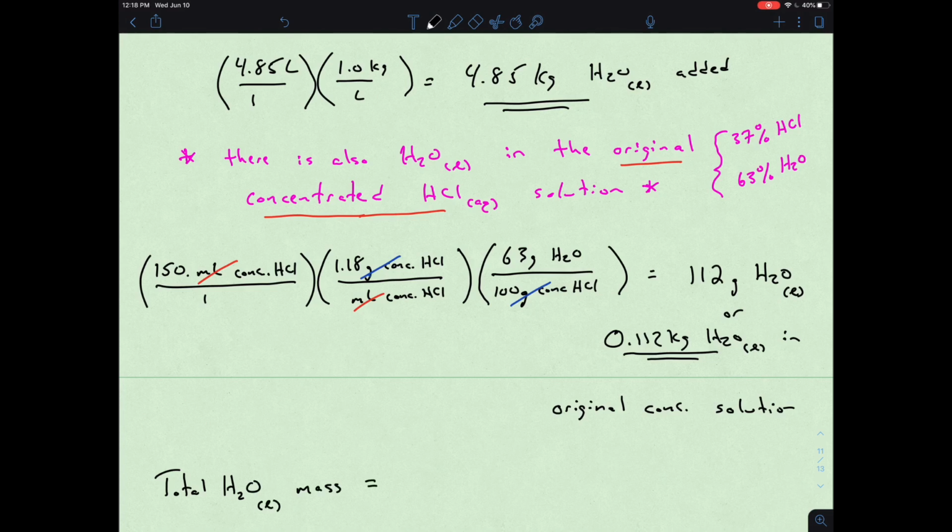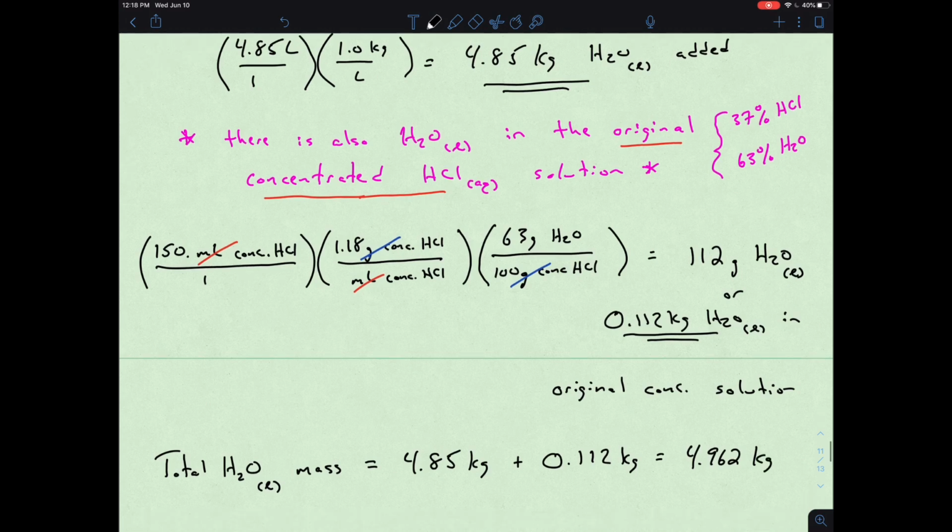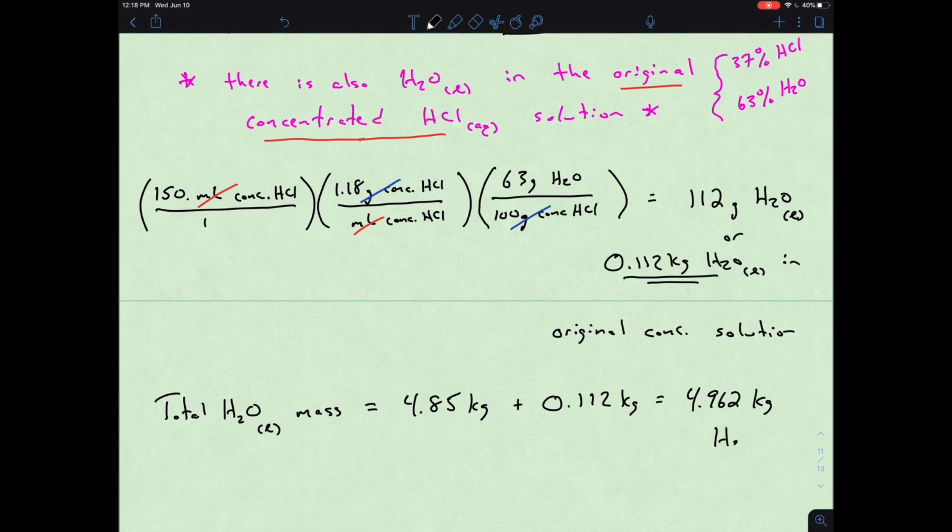So we would take our 4.85 kilograms plus our 0.112 kilograms from the concentrated, and we end up with a value of 4.962 kilograms of H2O total.